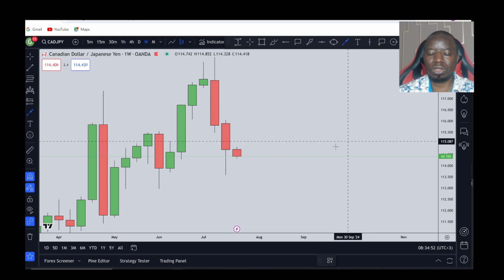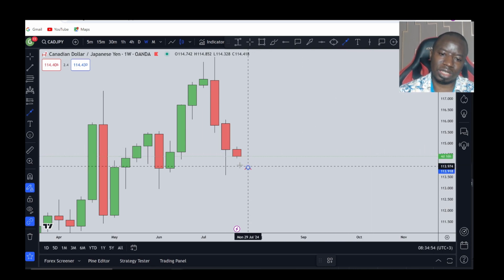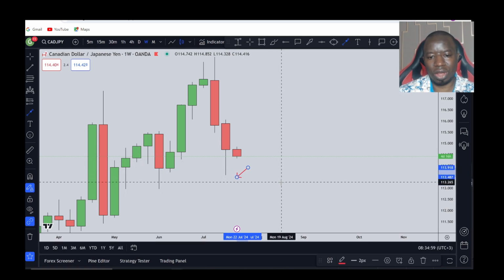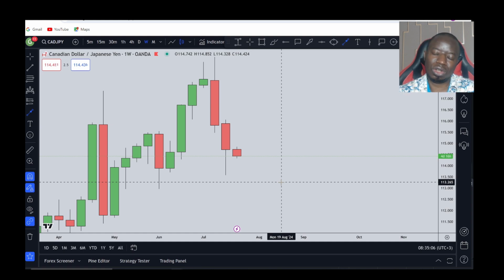But for now, we seek to take advantage of price as it is coming to fill this wick to the downside. Looks like a small area, a small range, but when this is a weekly time frame, these are several days but put together into just 1 week.